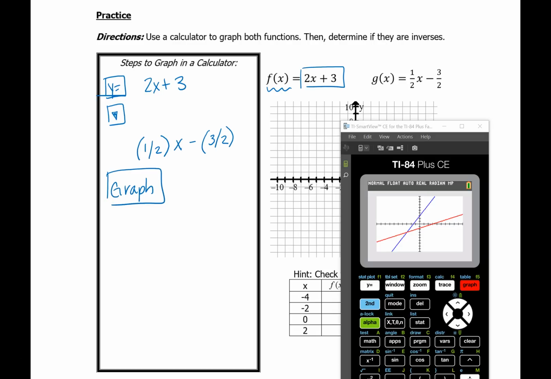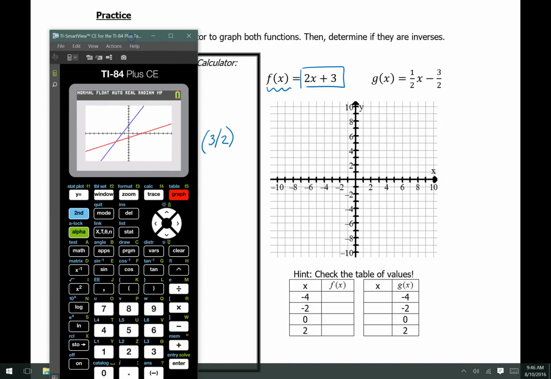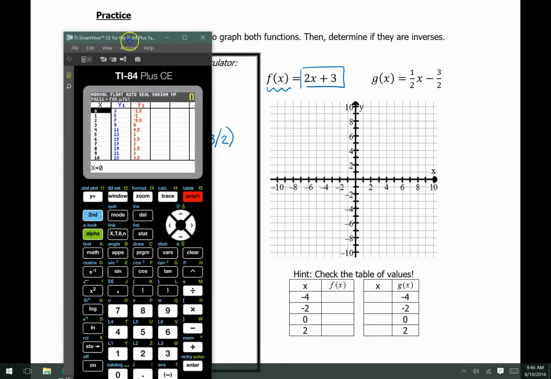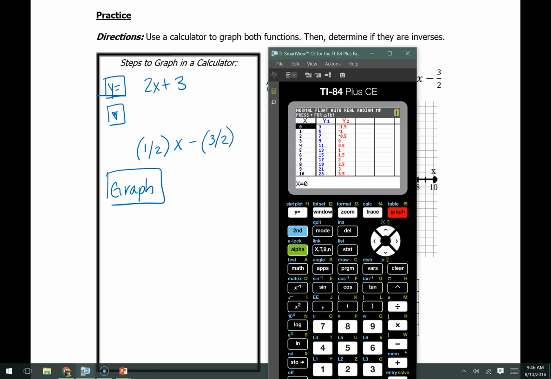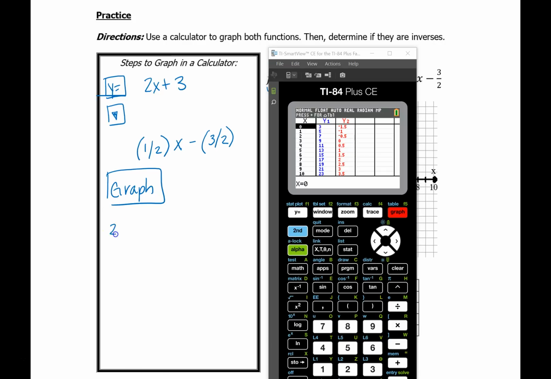Now you can eyeball it, but it's hard to draw a graph looking at something like that. So instead, I'm going to hit second table, which is going to take me into a list of ordered pairs that's going to be much easier to draw my graph from, since I have to draw a nice graph as well.